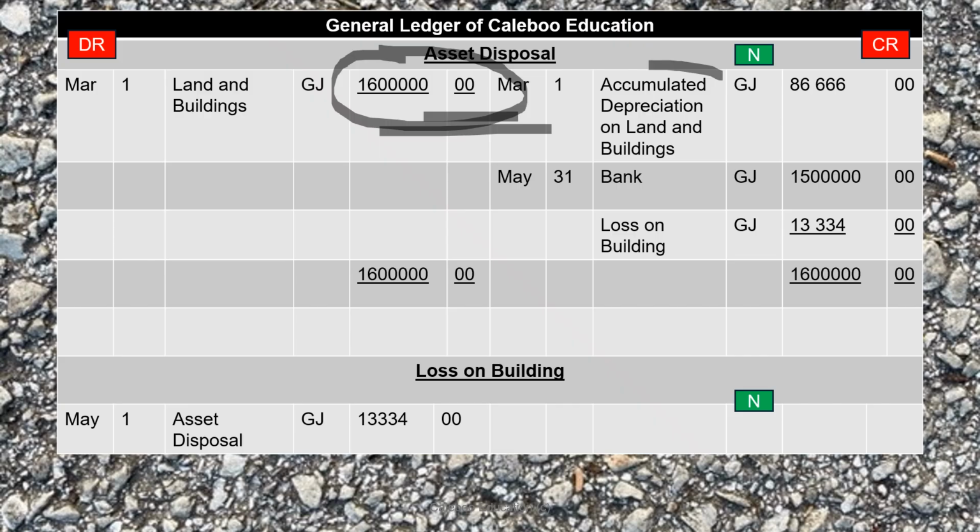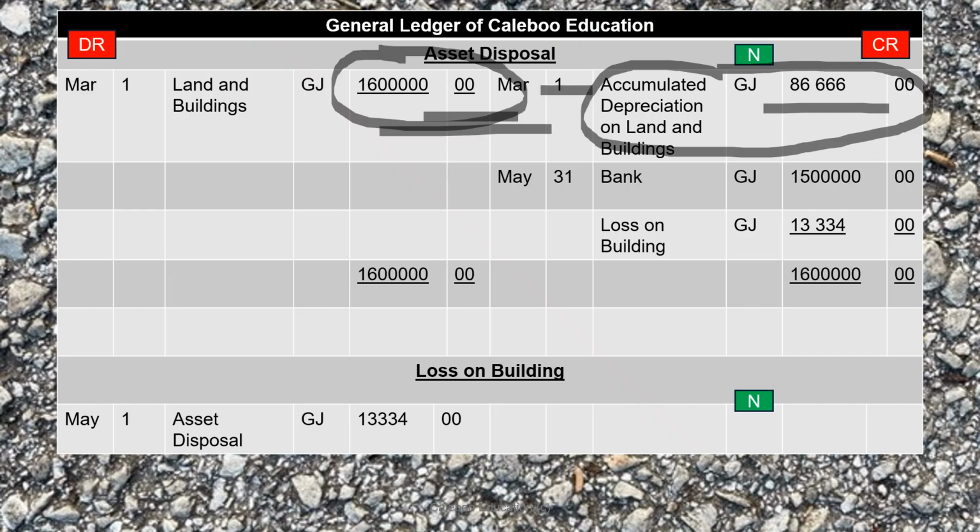Step 2, transfer the total accumulated depreciation right up until the date of the burning, 86,666. 160,000 minus 86,666 will give you the book value in our books. It was sold for 1.5 million. Sorry, insurance paid us 1.5 million.